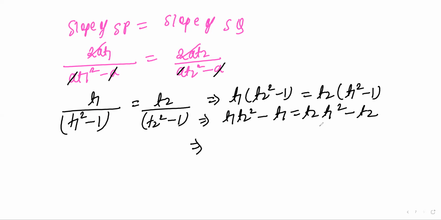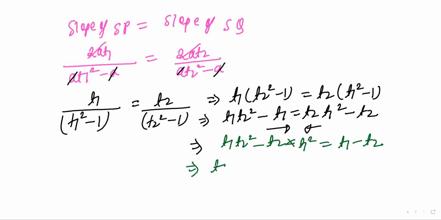Right. So take this on the left hand side and this on the right. So it will be T1 T2 square minus T2 T1 square is equal to T1 minus T2. So common is T1 T2 here, remaining is T2 minus T1.